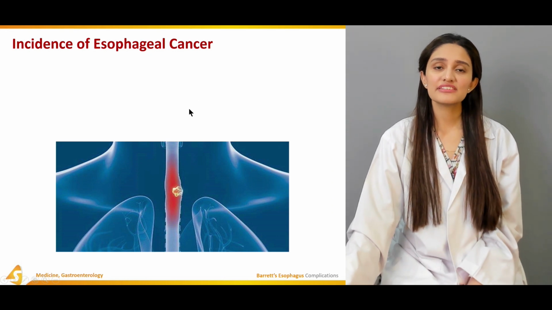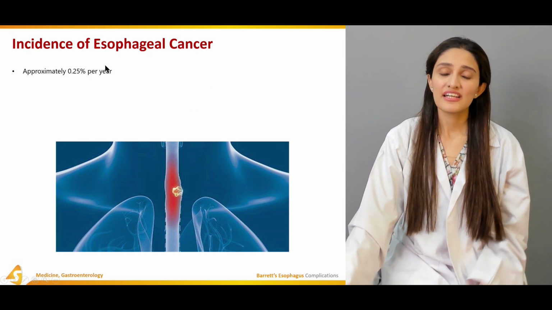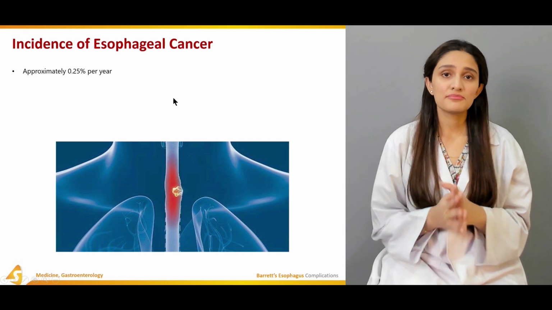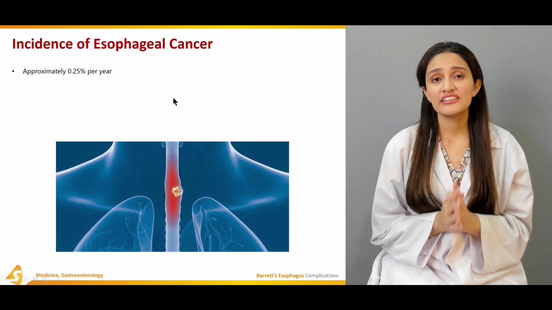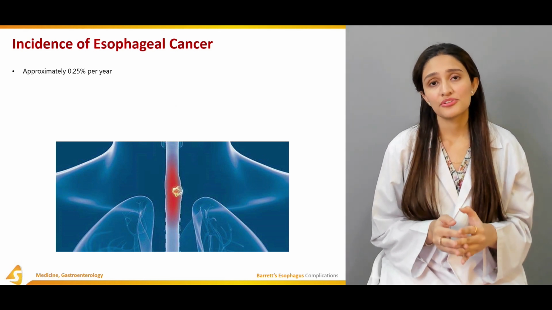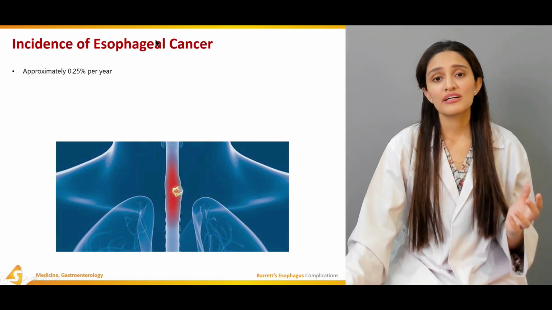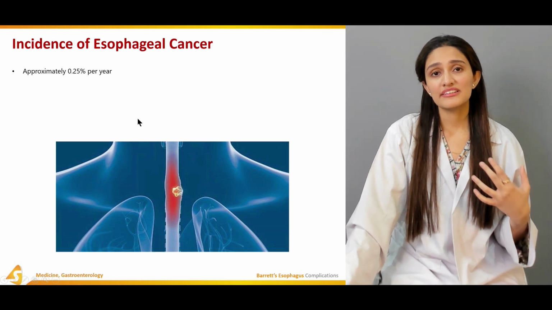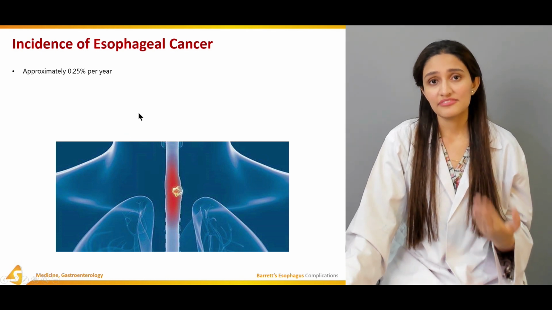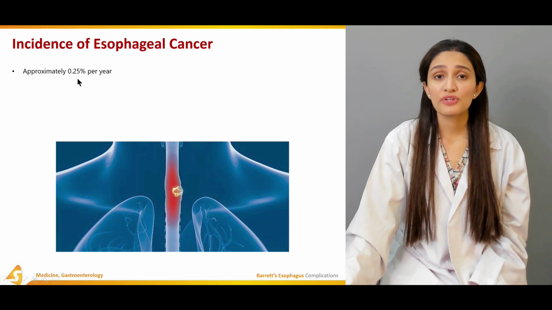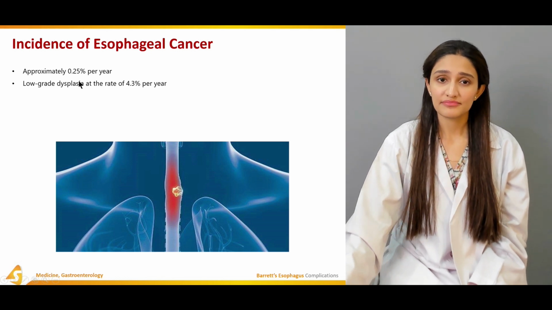Now, if we talk about the incidence of esophageal cancer, patients with Barrett's esophagus are highly prone to develop esophageal cancer, which is adenocarcinoma. Patients without dysplasia develop adenocarcinoma at almost 0.25% per year.